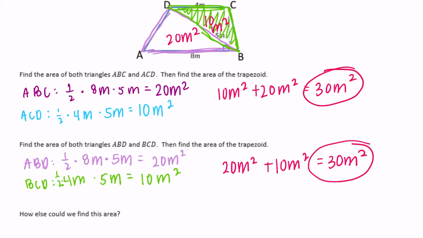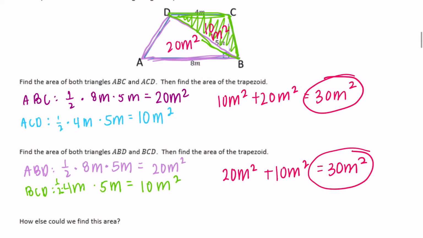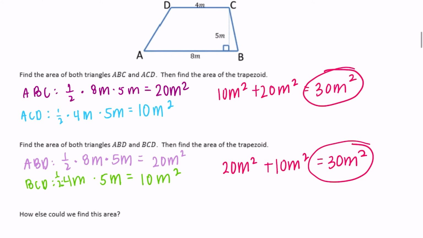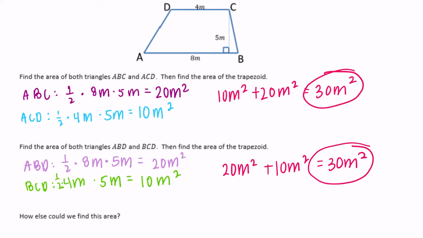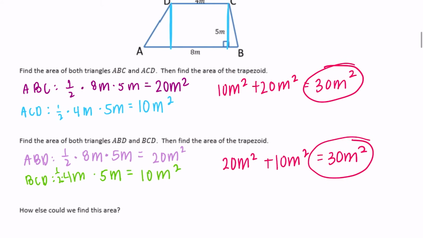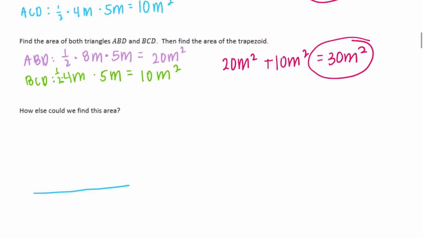Okay. How else could we find this area? So it's just asking another way that you could decompose it. So another way we could do it, if we wanted, we could use like a subtraction method. We could break it into 2 triangles and a rectangle. So how about I just draw it down here? So we had something kind of like this.